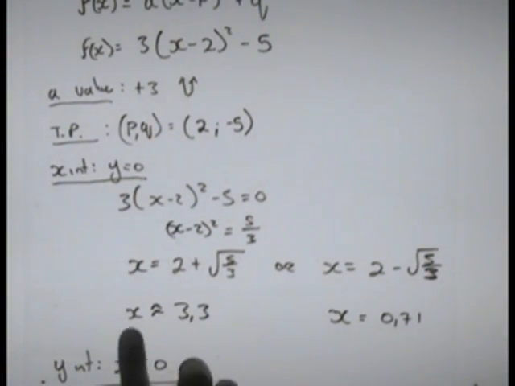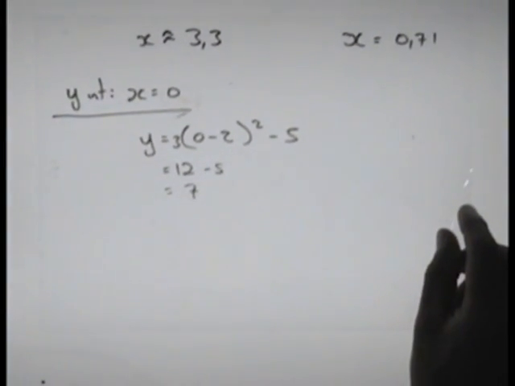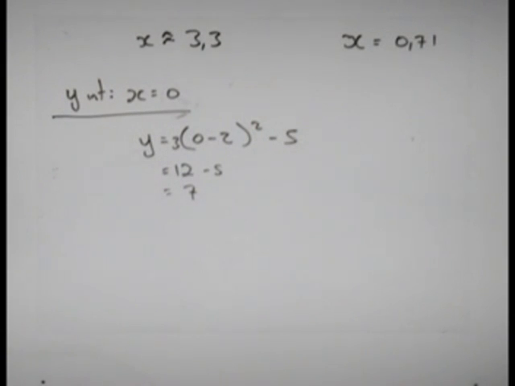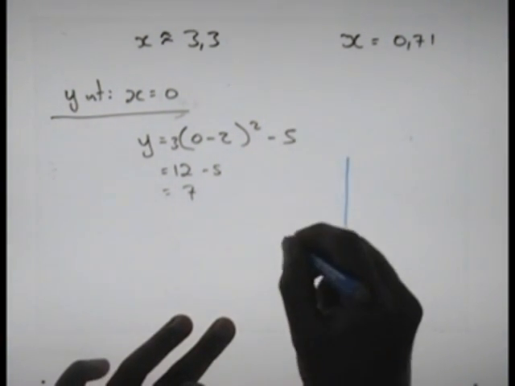I found my two x-intercepts to be x is equal to 3.3 and 0.71. That's just rounded off. I then looked at my y-intercept, when x is equal to 0. That means that my y-intercept is at 7. Now let's sketch this graph.